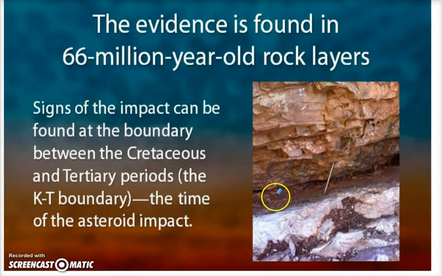The evidence that we find is in the KT boundary. Again, the boundary is this impact site, a thin layer of clay that separates the fossils from the Cretaceous period and the fossils from the Tertiary period. On either side of this KT boundary, there's a vast difference of fossils that we find.